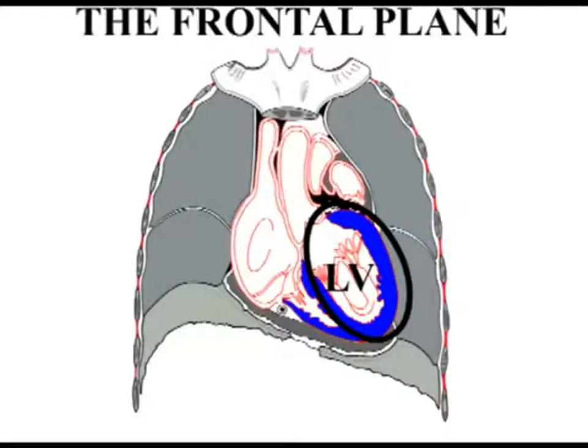The pattern of depolarization of the left ventricle is in turn dictated by the precise anatomy of the intraventricular conducting system. To understand the cardiac axis and axis deviation, you need to be familiar with the anatomy of the intraventricular conducting system.